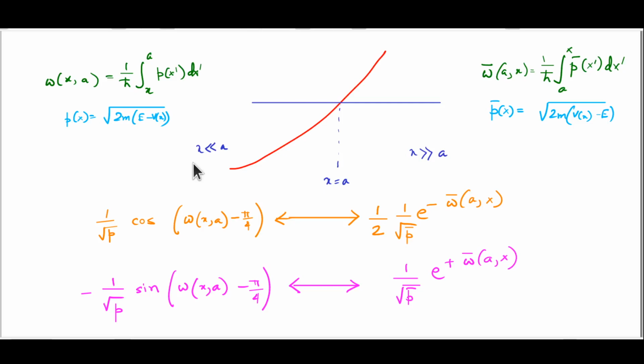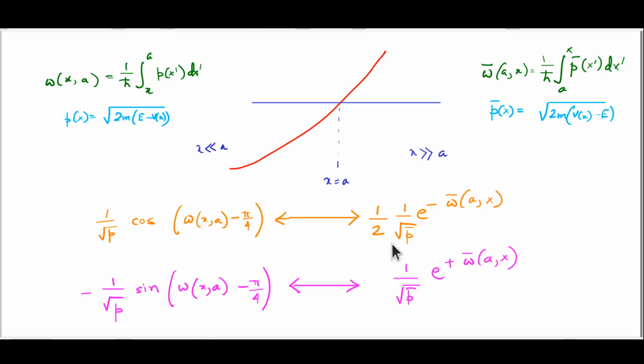Here, the decreasing exponential is obviously e to the minus w bar a comma x, and that connects to cosine of w x comma a minus pi by 4. Of course, the 1 by root over p bar on this side becomes 1 by root over p on the other. And what is very important is that there's an extra half which is sitting with the decreasing exponential on this side.